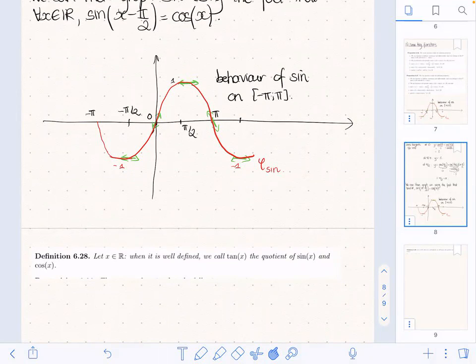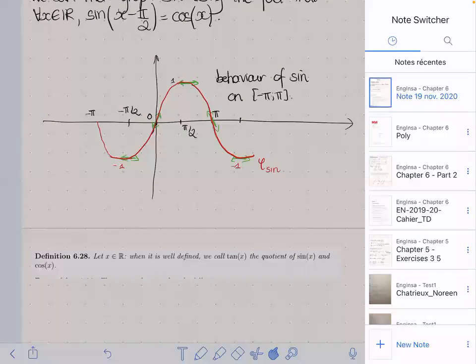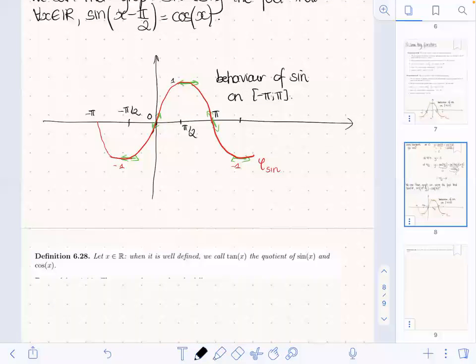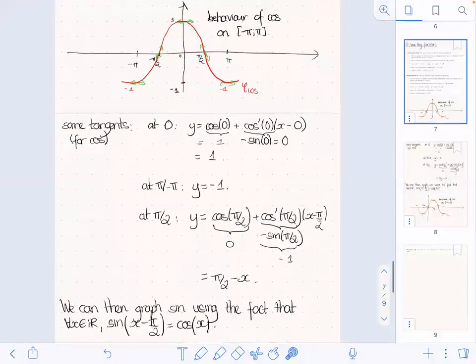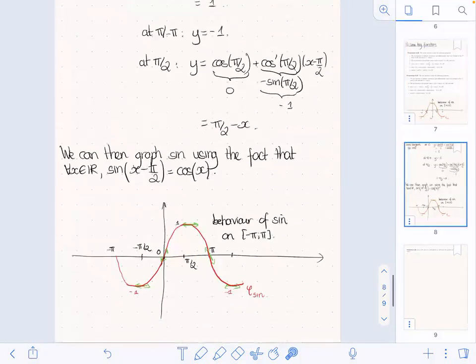I think at some point in this chapter, when we were discussing variation tables or defining the study space, right at the start, we gave the definition domain of this function. This function is well defined as soon as cosine is not equal to 0, and cosine is equal to 0 at pi over 2 plus k pi.